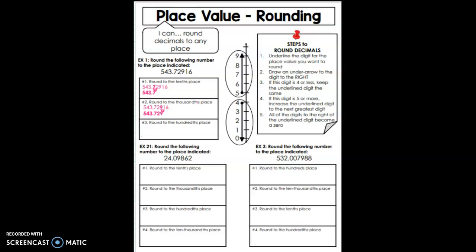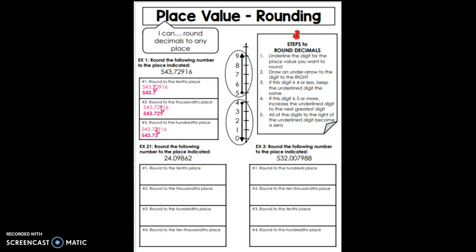Rounding to the thousandths place means we're using the 9, but we're looking at the 1. That is the thousandths place. So the 1, again, is smaller than 5, so the 9 is going to stay the same. Now we're going to round to the hundredths place. That means the 2, and we're going to use the 9.